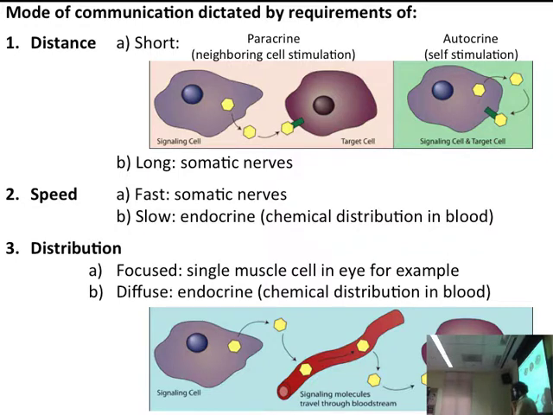They don't need the circulatory system. This is called paracrine. Or autocrine. These are self-stimulating cells. This is the intrinsic form of regulation. Otherwise, we can have long distance, and that's somatic nerves or the endocrine system with the bloodstream.